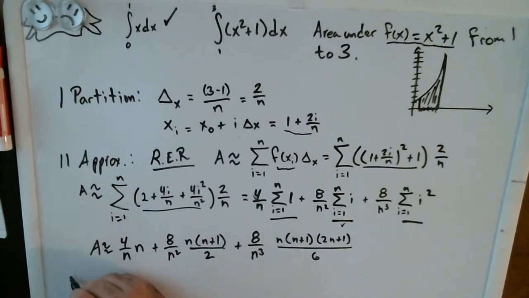Step 3 is to do Riemann. All I'm going to do is take the limit as n goes to infinity of this big ugly thing.